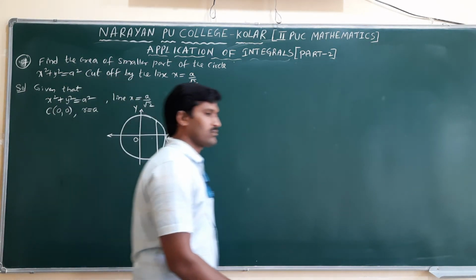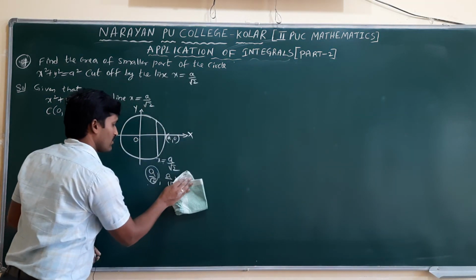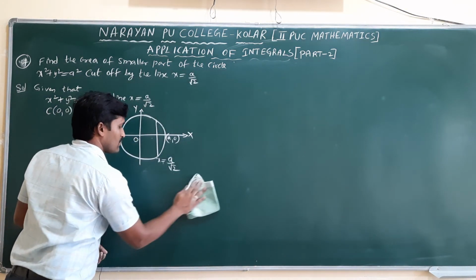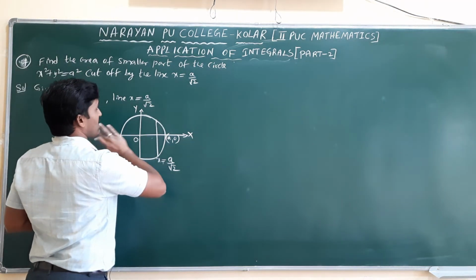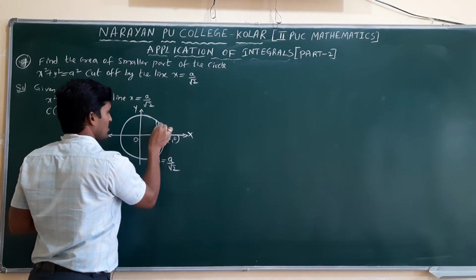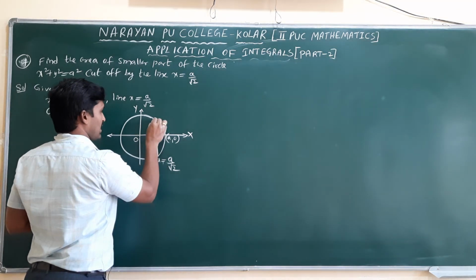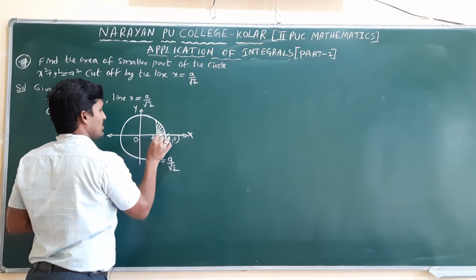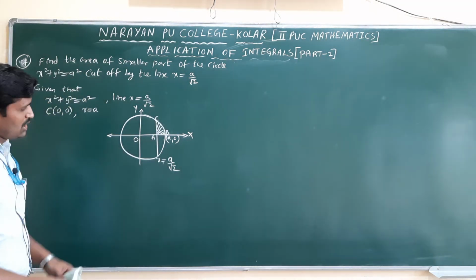This is the small region we need to find. They have not restricted it to any quadrant. I will find this region, ABC, and I will make it double, because they did not mention the first quadrant.